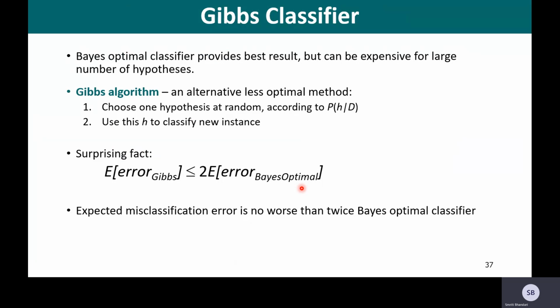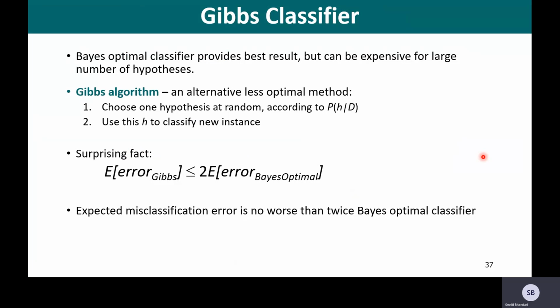See, for example, if my Bayes optimal classifier is giving me a misclassification error of, say, 3%, then the Gibbs algorithm will give me an error which is less than or equal to twice that error. So it is less than or equal to 6%. So even though we may consider 6% error, that can be acceptable, right?